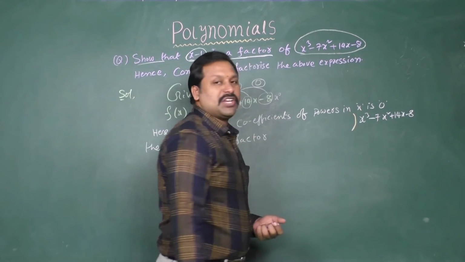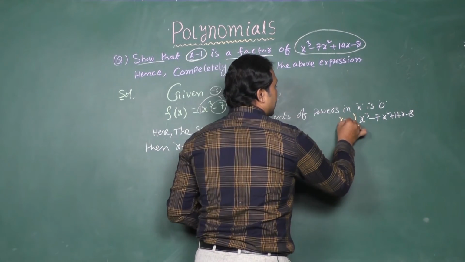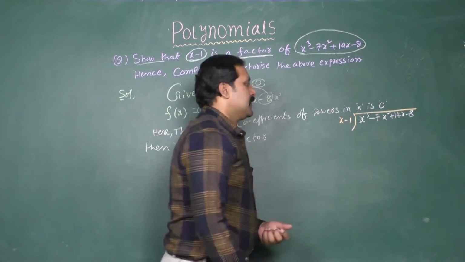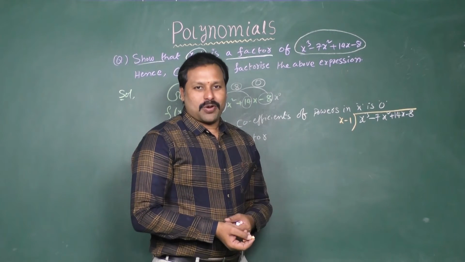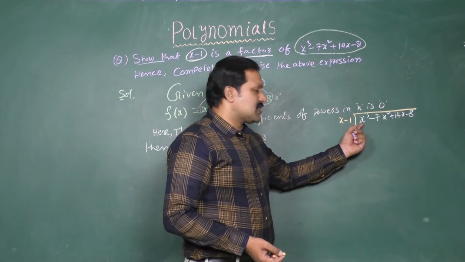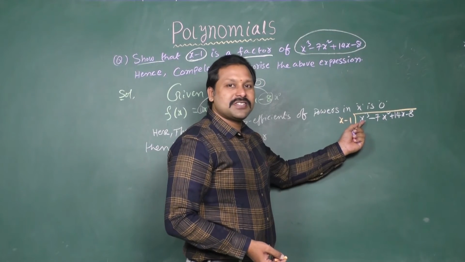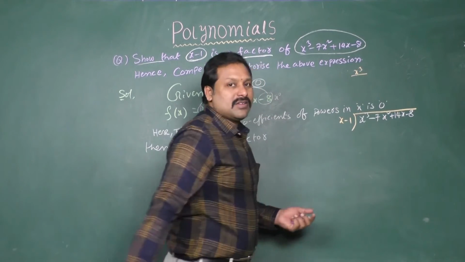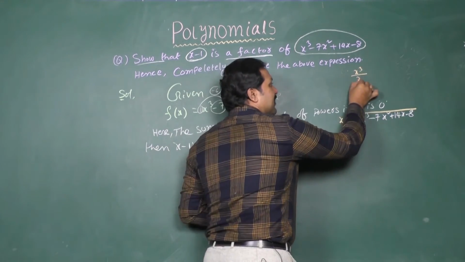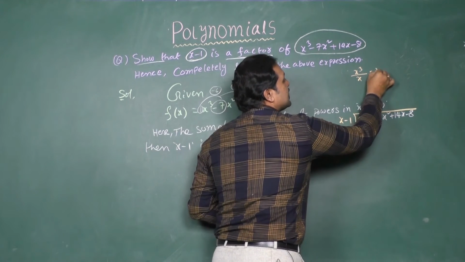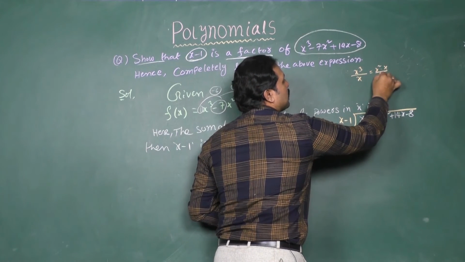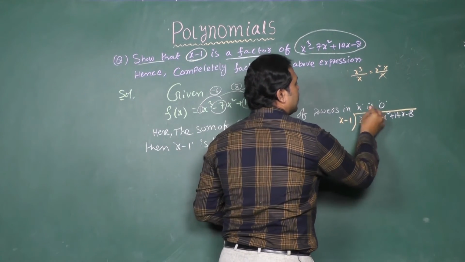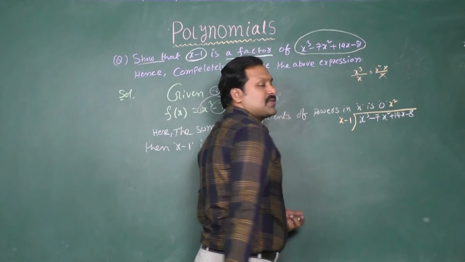Now take the divisor, x minus 1. According to the division properties, first check the first term of the dividend. The first term of the dividend is x cube, divided by the first term of the divisor x. X cube can be written as x square into x, divided by x. X gets cancelled. That means x minus 1 will go x square times.